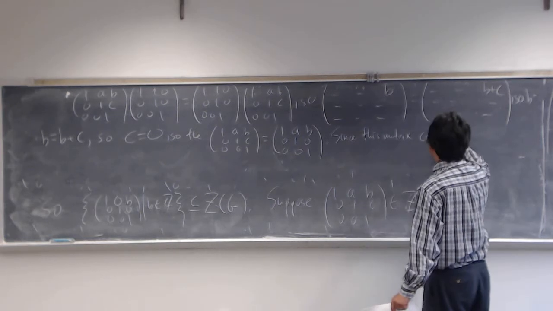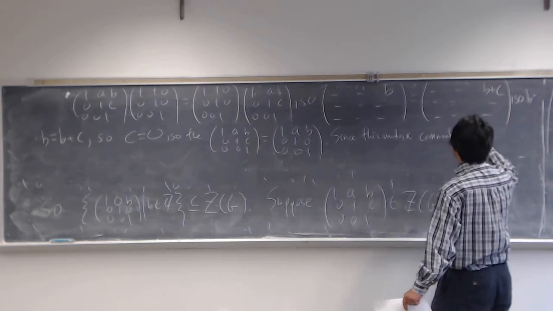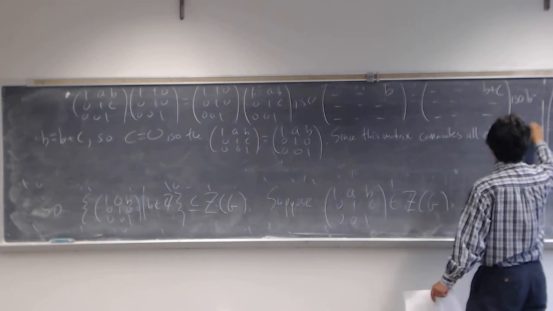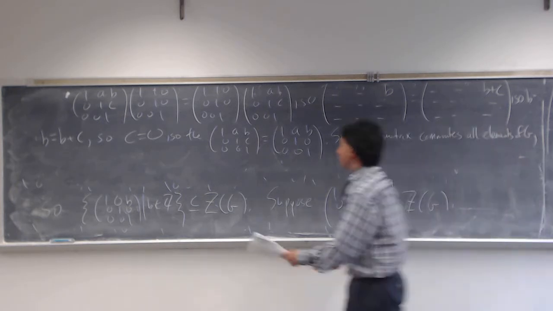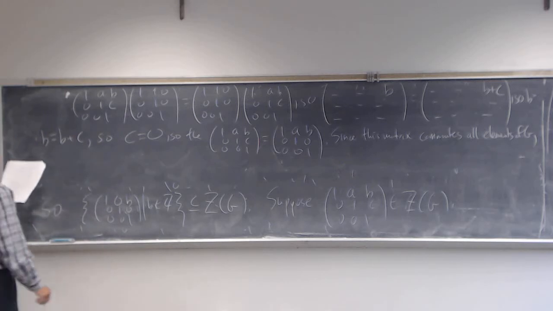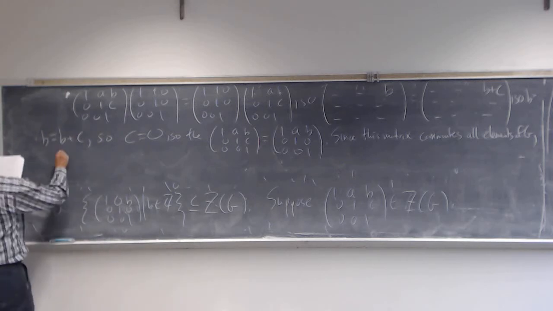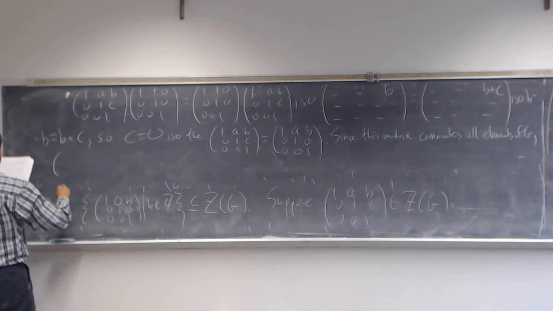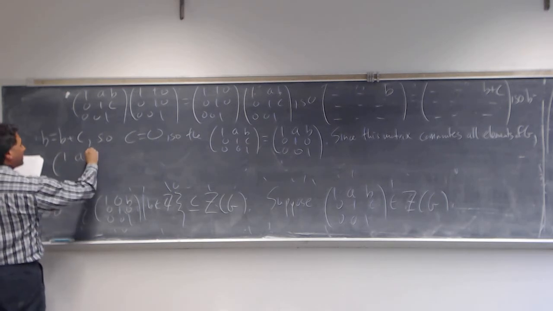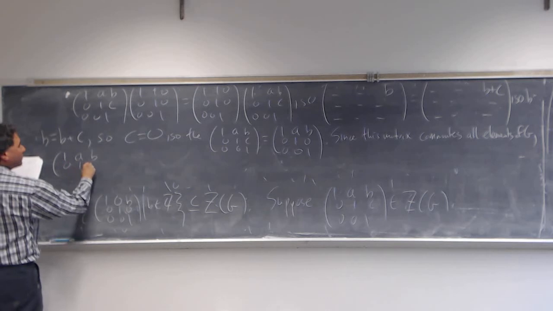So since that matrix is in the center, in other words, since it commutes with all elements of G, we would have that 1, A, B, 0, 0, 1, 0, 0, 1.